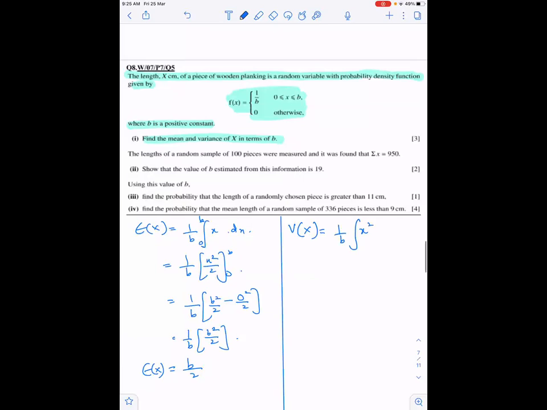My pen is not writing, I forgot to charge it. I'm so sorry, one minute. Then you have to subtract what? The mean square from this. This is going to give you the summation of x square times f of x, and then from that you have to subtract the square of the mean to get the variance.